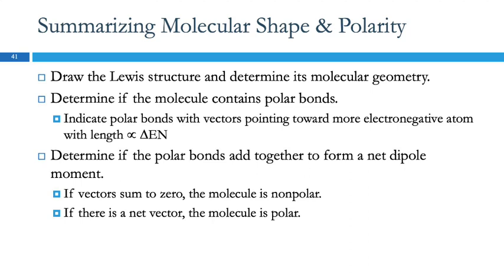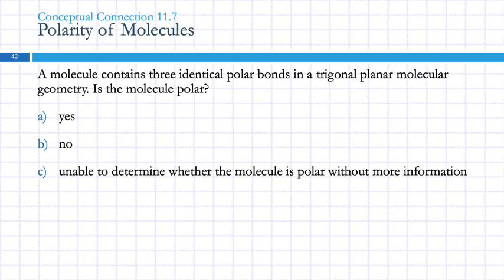So then, the rigorous way is you would indicate where the polar bonds are, and you draw the vectors. The length is going to be proportional to the difference in electronegativity, and then you have to determine if those vectors add up to a net dipole moment or if they cancel out to zero. That doesn't sound very fun, does it?